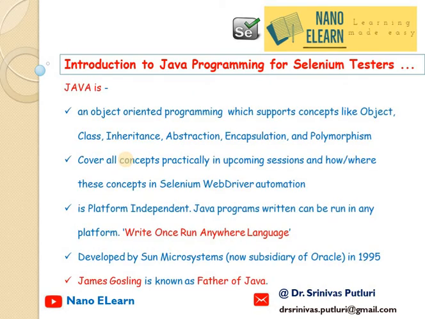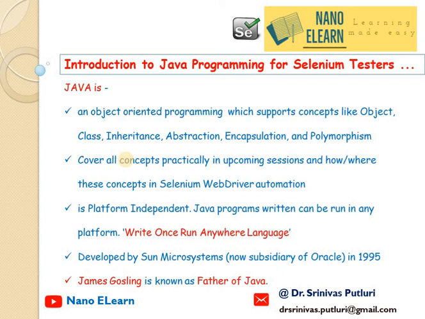Basically, Java is an object-oriented programming language which supports concepts like object, class, inheritance, abstraction, encapsulation, and polymorphism. I'd like to cover all these concepts practically in the upcoming sessions, and also where these concepts are used in Selenium WebDriver test automation.